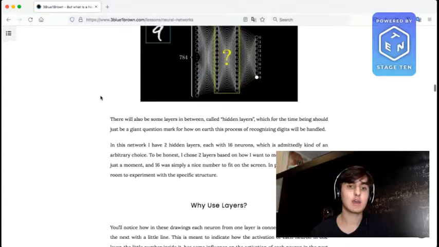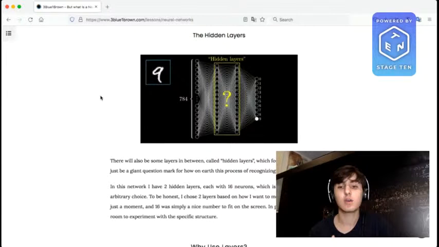To be honest, I chose 2 layers based on how I want to motivate the structure in just a moment, and 16 was simply a nice number to fit on the screen. Well, that's convenient. In practice, there's a lot of room to experiment with the specific structure. Interesting. I wonder how we can decide how many layers is the correct amount. So now he's going to motivate why we should use layers.